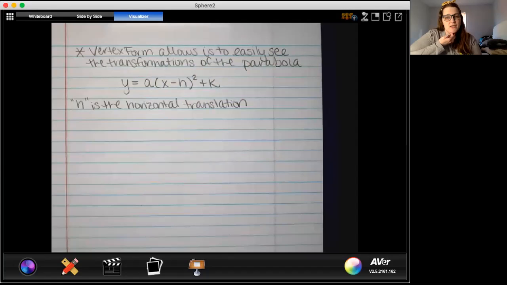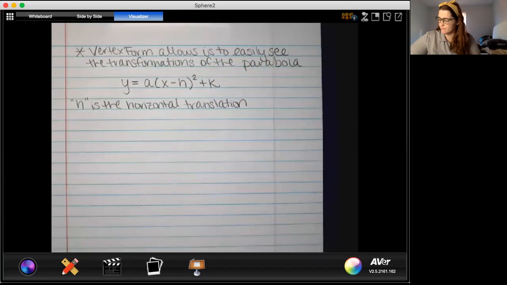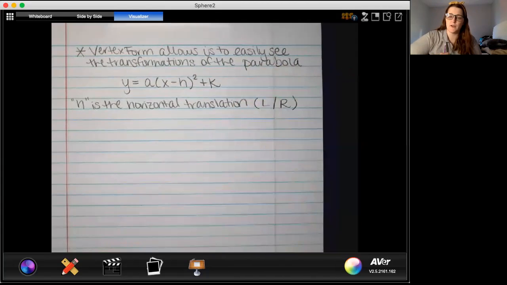What would that mean in reference to a graph if I was moving something horizontally? The x values, so we're moving it left and right. Good. So h is our horizontal translation, our x values, moving left and right.